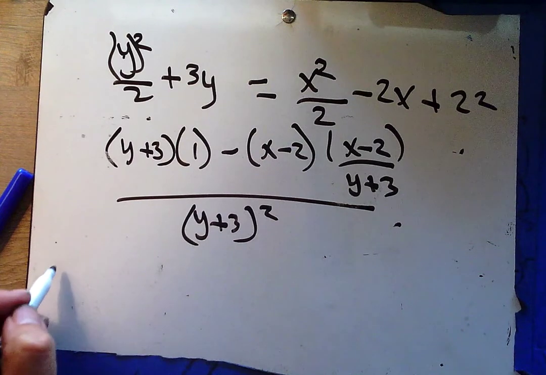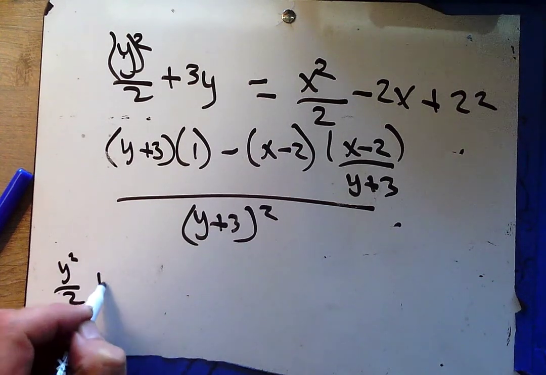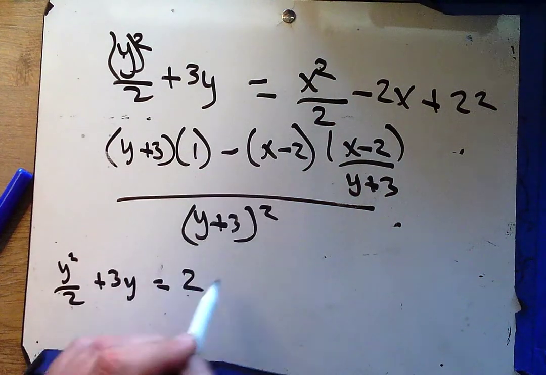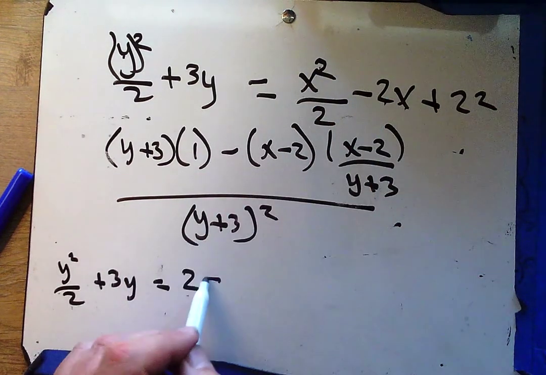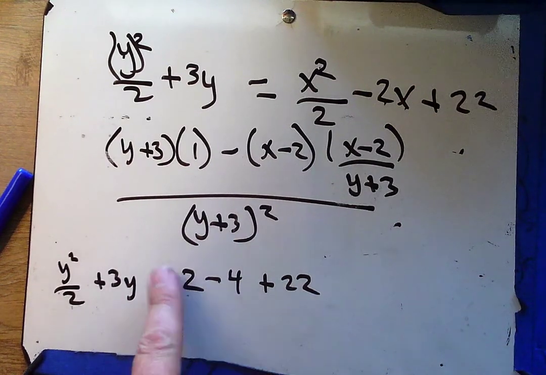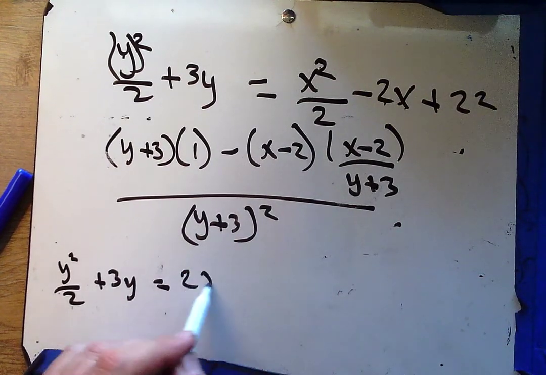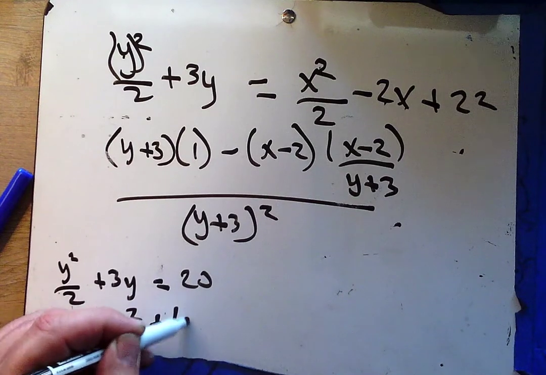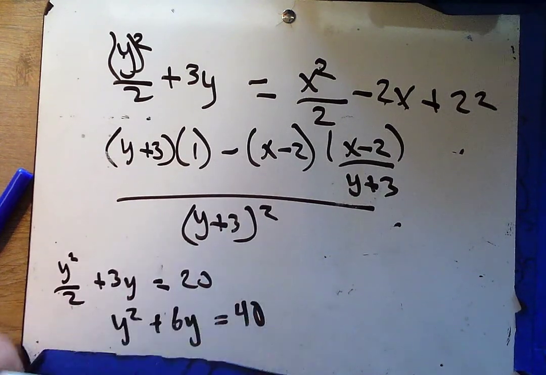So I'm going to have y squared over 2 plus 3y equals 2 squared is 4, 4 divided by 2 is 2, 2 times 2 is 4, plus 22. 24 minus 4 is 20. I don't like having that fraction, so I'm going to multiply everywhere by 2. Y squared plus 6y equals 40.